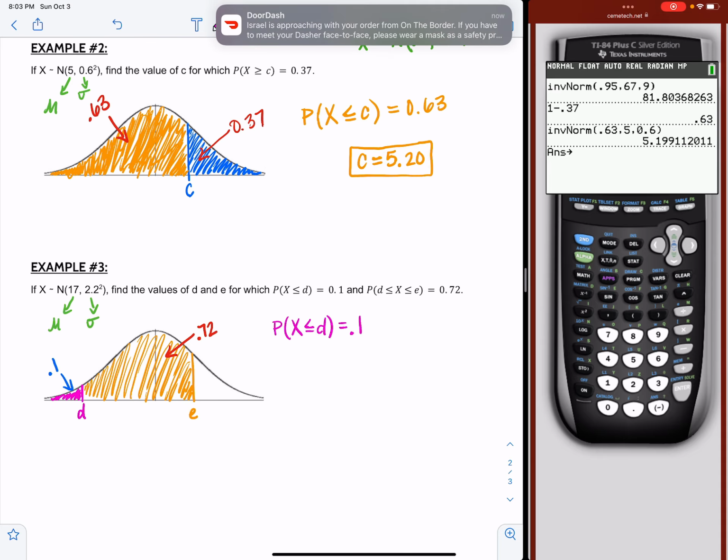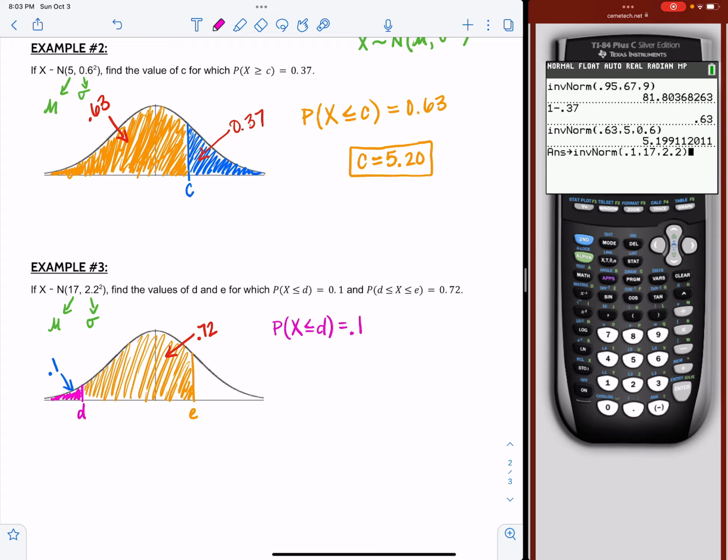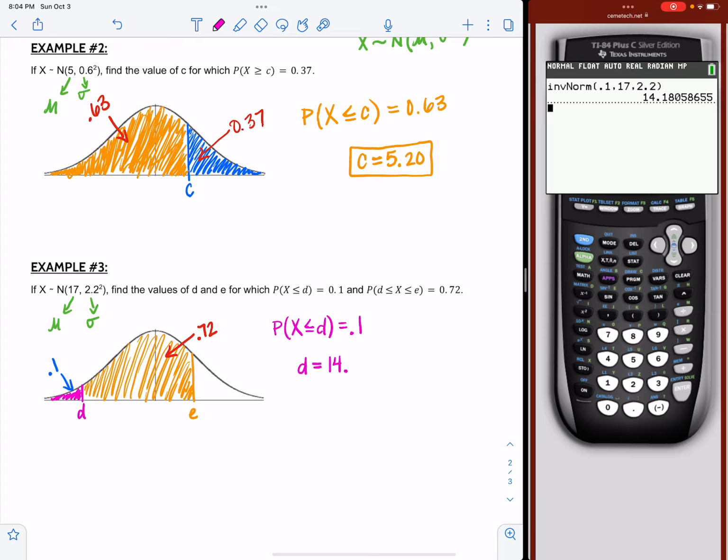We can go to second vars, go to inverse norm, and we can do 0.1. And then for the mean, we put 17. And for the standard deviation, we put 2.2. And once we paste it, we will end up getting that D has to be approximately 14.2.